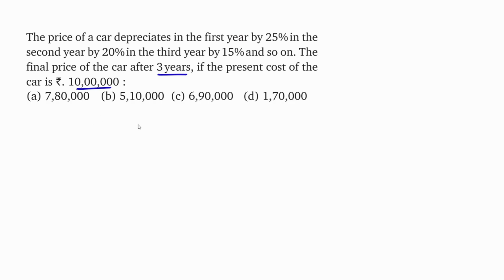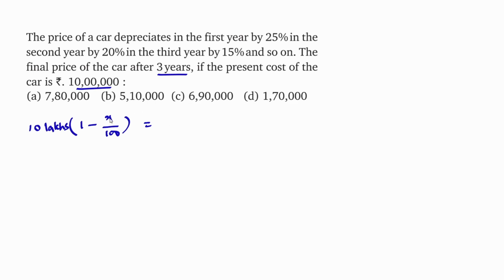So when the value of something depreciates by a certain percentage, the factor you need to multiply it with is 1 minus that percentage by 100. So if the car's price is 10 lakhs, you multiply it with this to get the value of the car after depreciation.